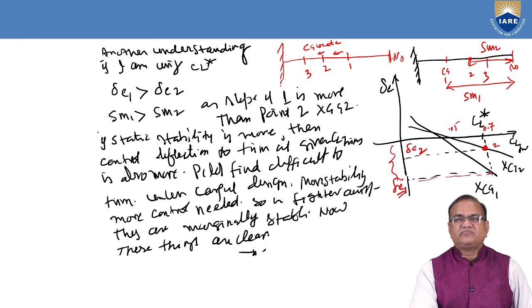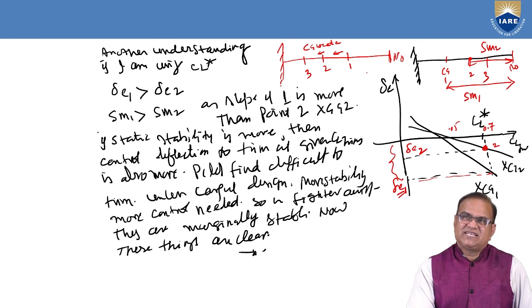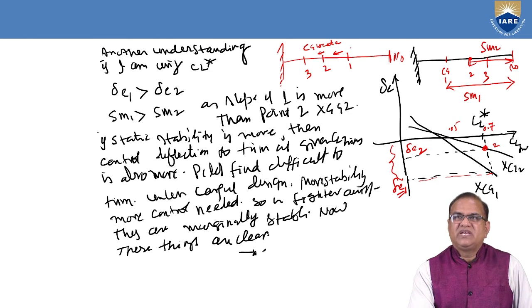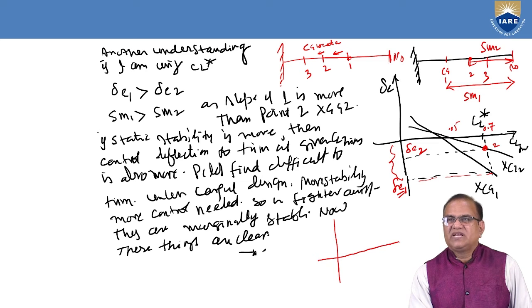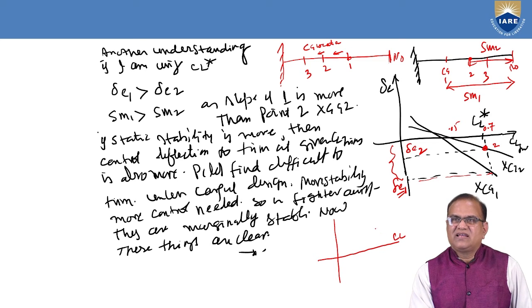So I am here discussing the location of the center of gravity. Initially it was here. I am drawing one more plot here. You can see this is the CL and this is the delta E.